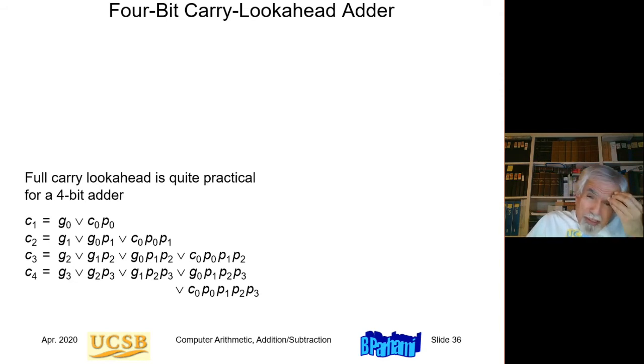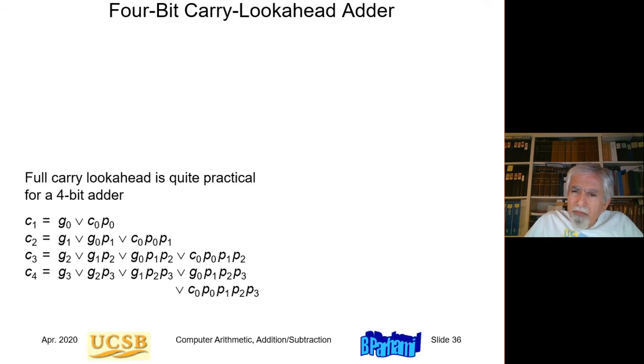And the most complex of these equations is that for C4, which has 1, 2, 3, 4, 5 terms ORed together. And the largest of those terms has 5 variables. That's the last one, C0, P0, P1, P2, P3. So you have a 5-input AND gate for that term and a 5-input OR gate for ORing things together.